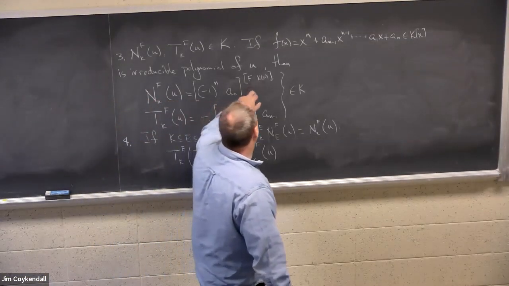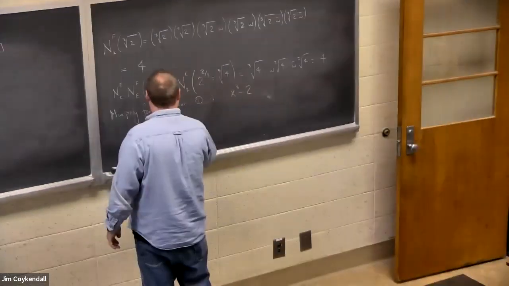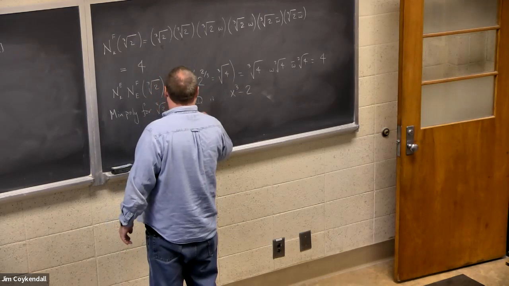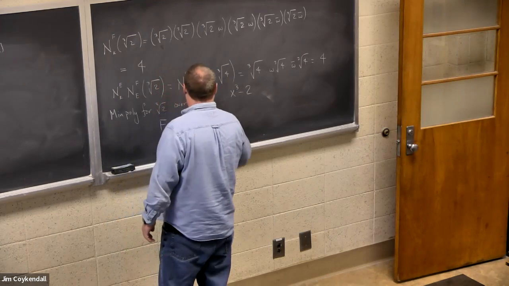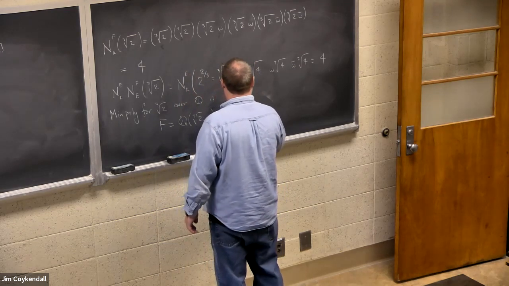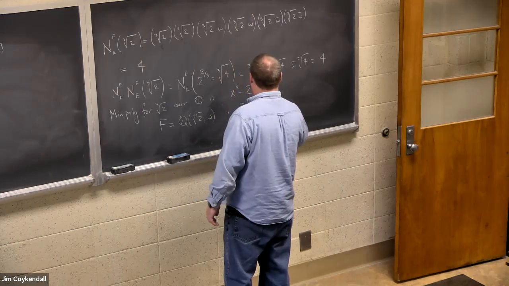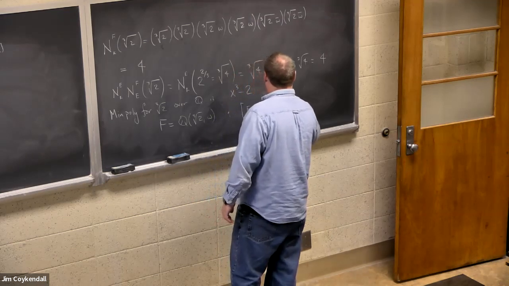In this case, F is generated by the cube root of 2 times omega, and the degree of F over Q(cube root of 2) is 2.